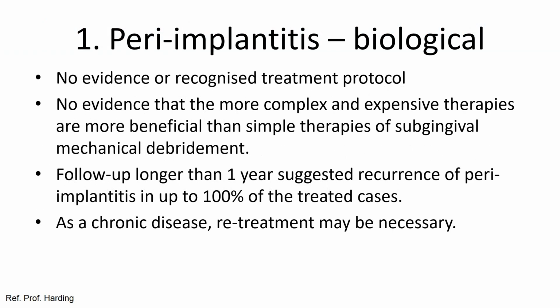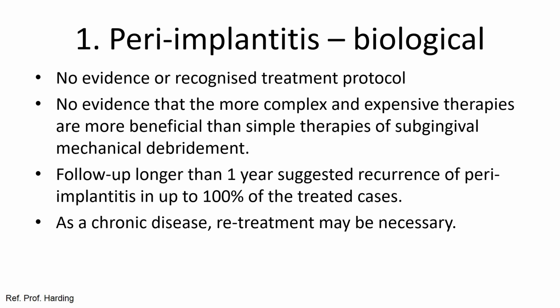When it comes to infective progressive osteodisaffiliation, the main cause here is perhaps peri-implantitis, and this is a biological cause for our osteodisaffiliation. And there is no evidence or recognized treatment protocol for this condition.